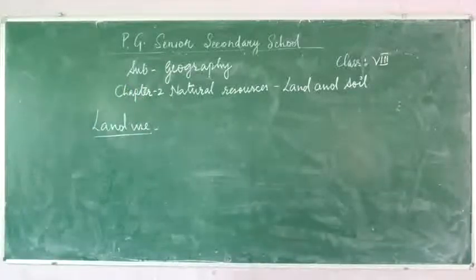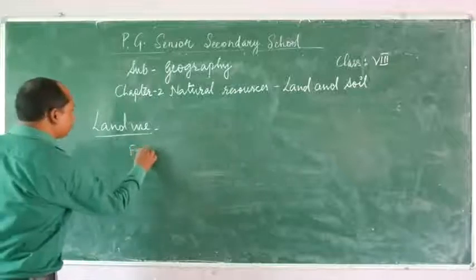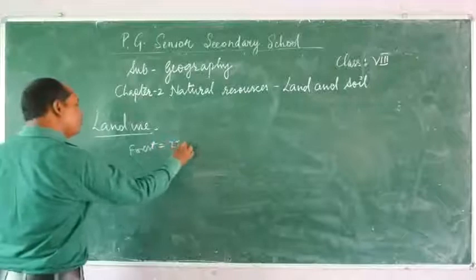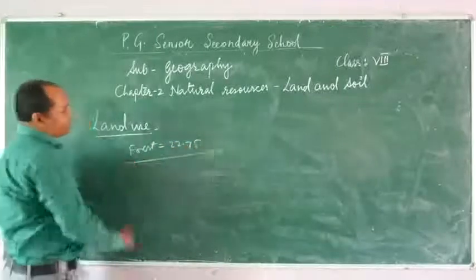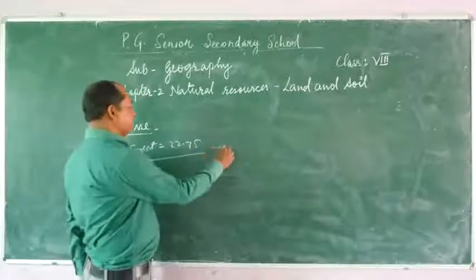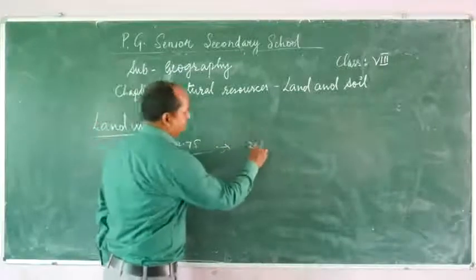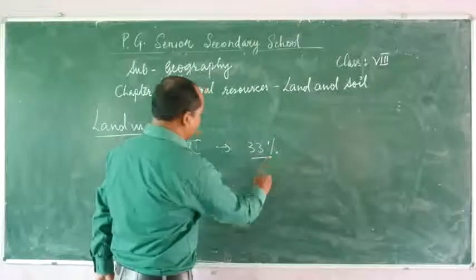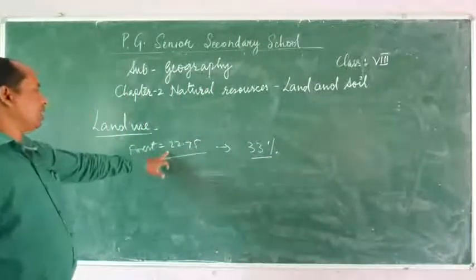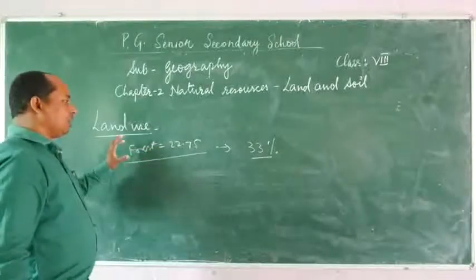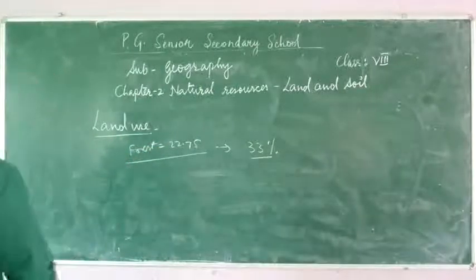Forests on the whole planet cover 22.75%. And here one more interesting thing: the forest should be 33%. So this is less area covered by forest, less than desired.